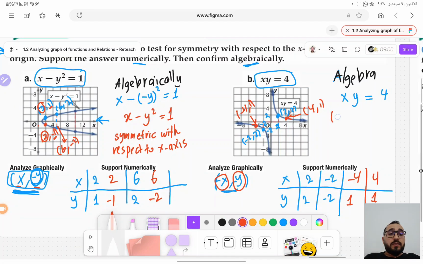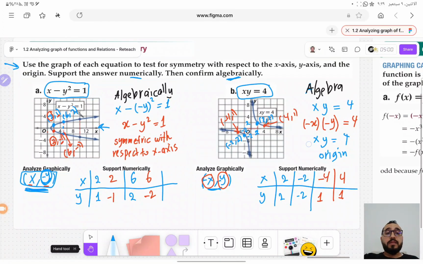So now let's put -x times -y equals 4. Now if you look at the equation, x is negative and y is negative. When you multiply negative with negative, the equation returns back to itself. So as you can see, this one is back to itself, and because it's back to itself, it is symmetric with respect to the origin. Okay, I hope you understand this.